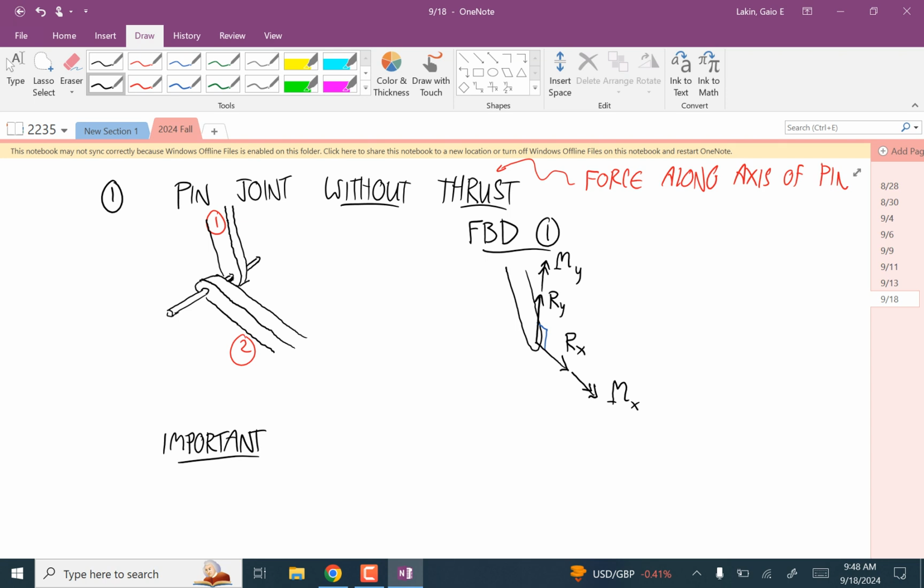But if I handed you this 3D printed thing and said, try to break this thing, those two moments are exactly what you would apply to try to break it, right? That's where this thing is weak. It's not very good at applying those couples. It'll try to do it, but it's not very good at that.